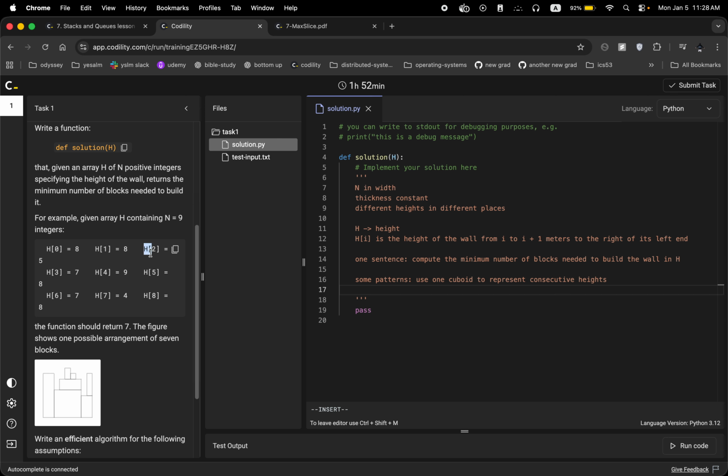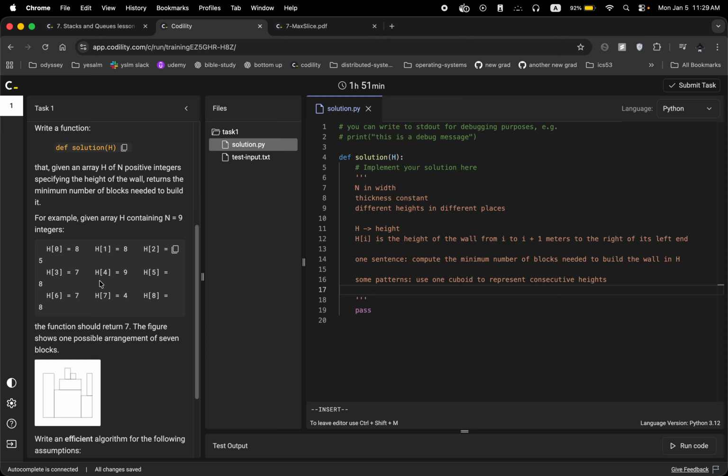Okay, so h2 equals 5. I think it's how we can build off of a previous block.